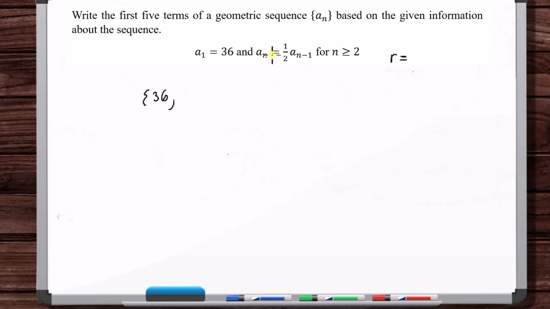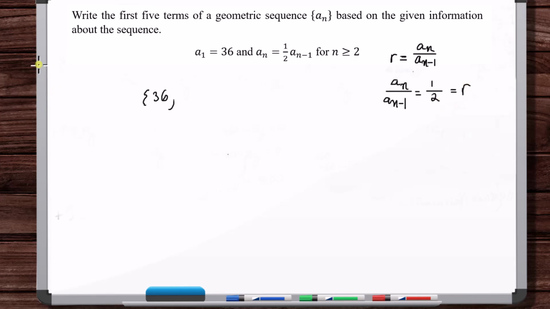In terms of a sub n minus 1 and a sub n, whenever you take a sub n and divide it by the term before it, you get r, right? So let's solve for a sub n divided by a sub n minus 1. If we just divide both sides by a sub n minus 1, we get one half, that is our r.